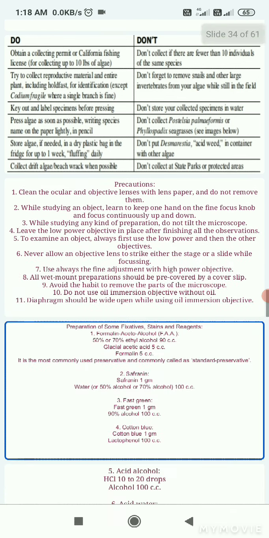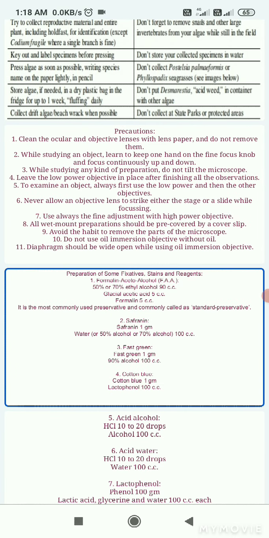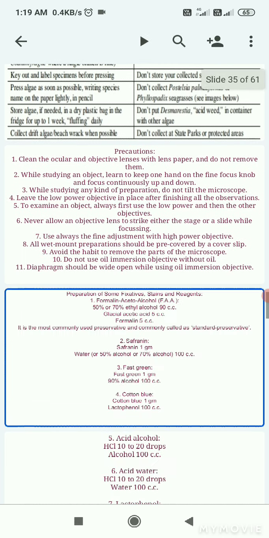To examine an object, always first use the low power and then the other objectives. Then, never allow an objective lens to strike either the stage or a slide while focusing on the specimen.